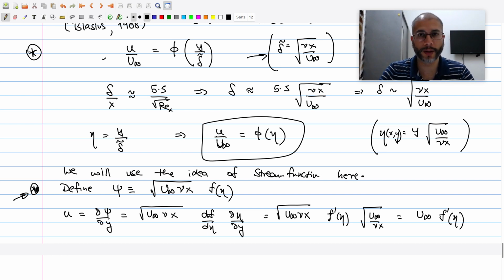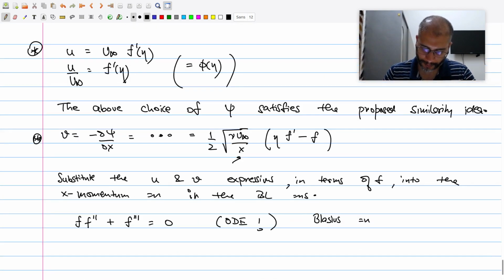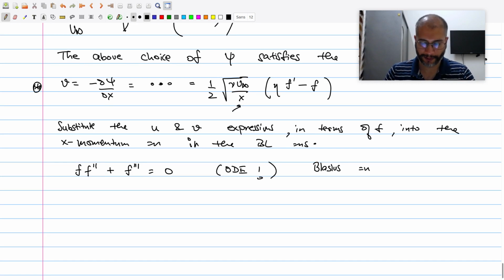He obtained u and v from this psi, substituted that into the equation, and got a pure equation in eta. All the x and y dependence independently was gone. All we had was an eta, with f as a function of eta. So all we have to do now is to solve for f as a function of eta, and our job is done. Let's look at the boundary conditions.